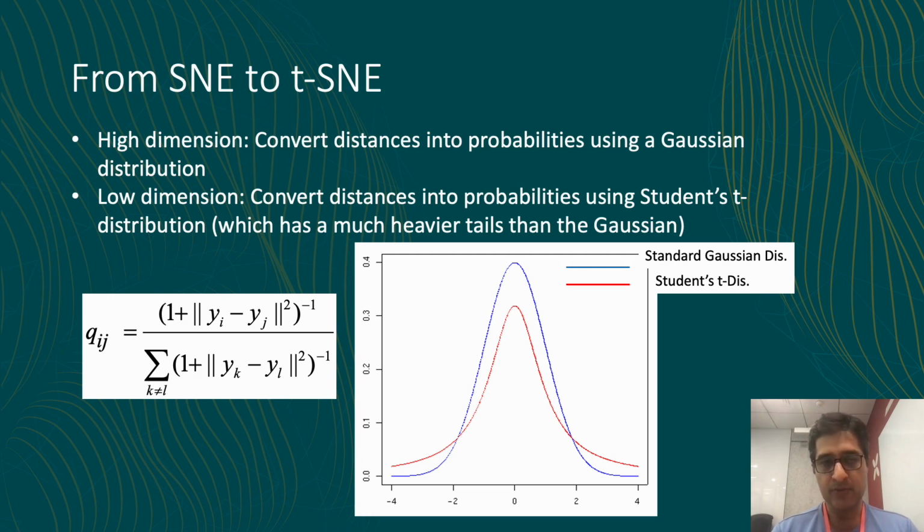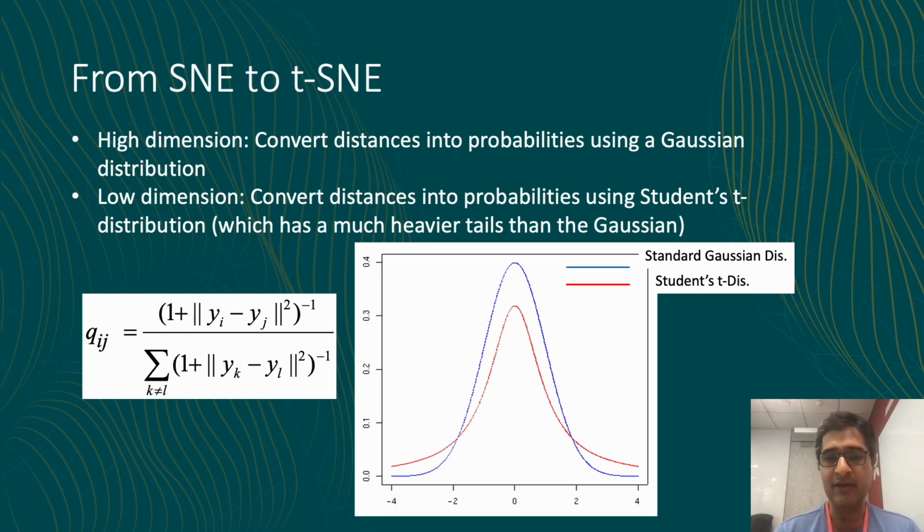Coming to how it should look, in the higher dimensional space, it is okay to convert distances into probabilities using a Gaussian distribution, whereas in the lower dimensional space, it is better to convert distances into probabilities using a student's t distribution. Now, why is that important, right?